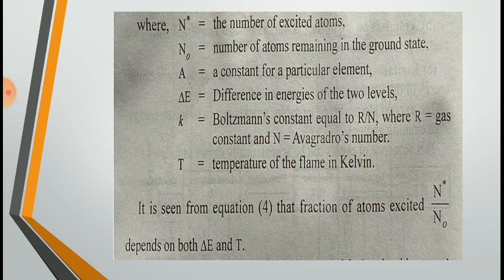It is seen from equation 4 that the fraction of atoms excited, that is n star upon n0, depends on both delta E and T. That means the fraction of atoms excited will totally depend on both delta E, that is the energies of the ground state and excited state levels, and also the temperature of the flame.